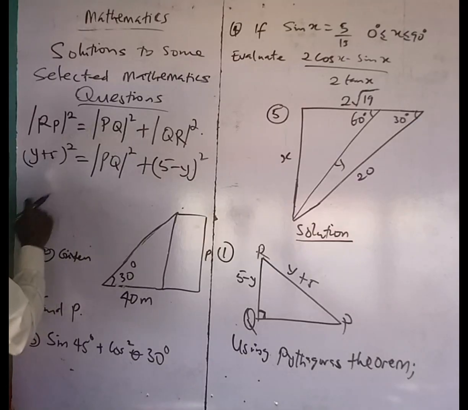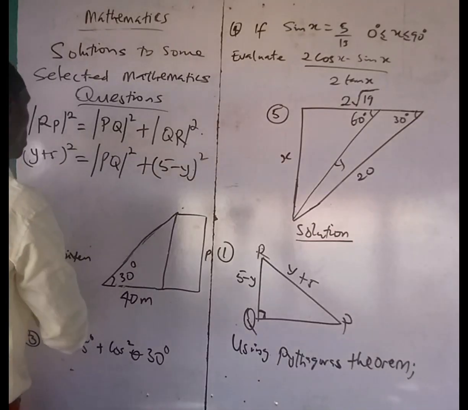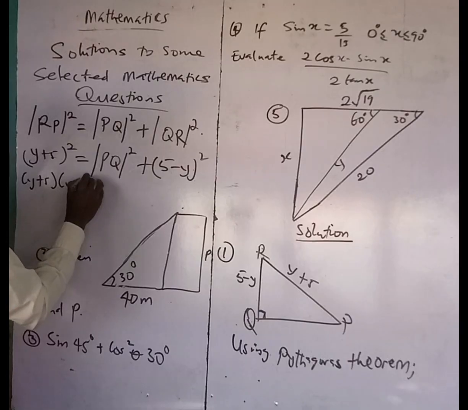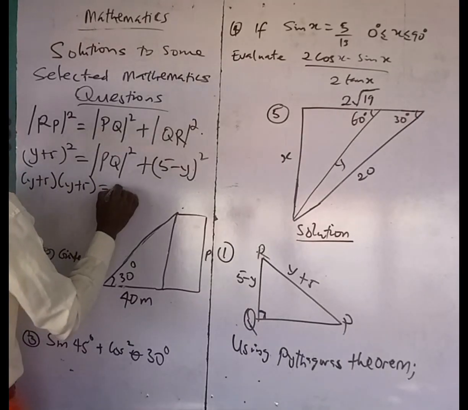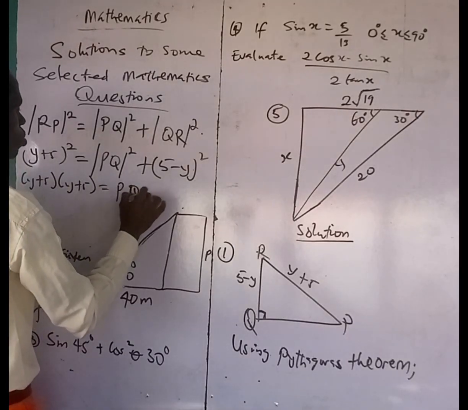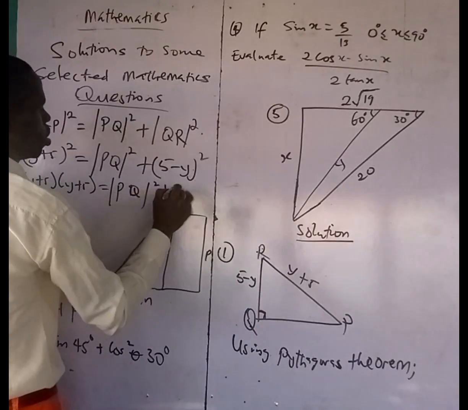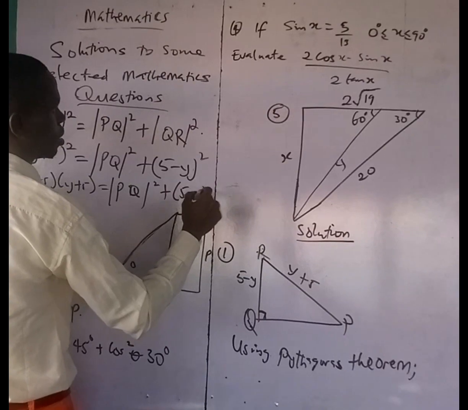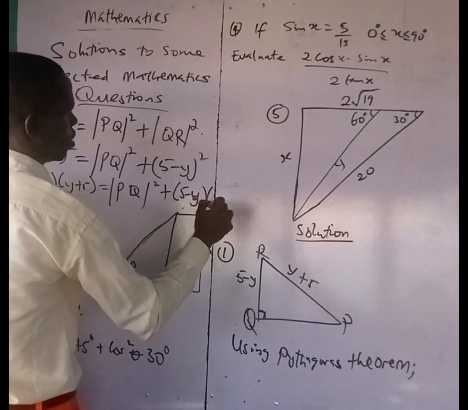From here we can expand this. We have y plus 5 times y plus 5 equal to PQ squared plus 5 minus y times 5 minus y.